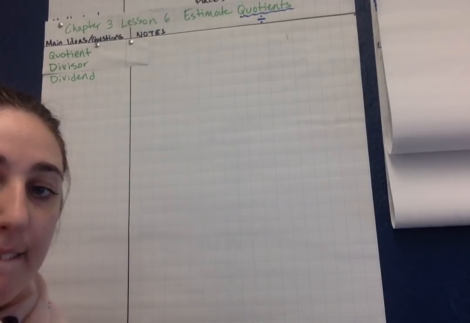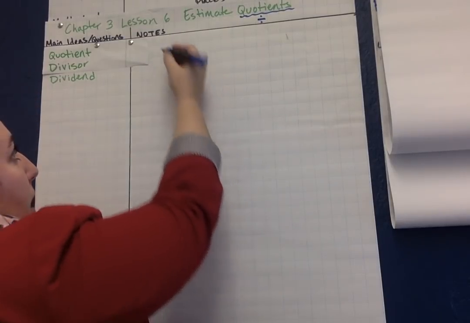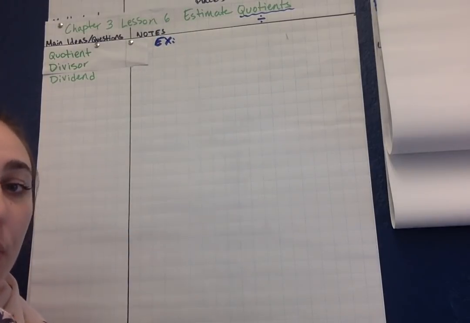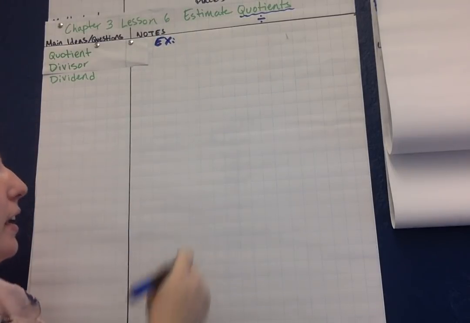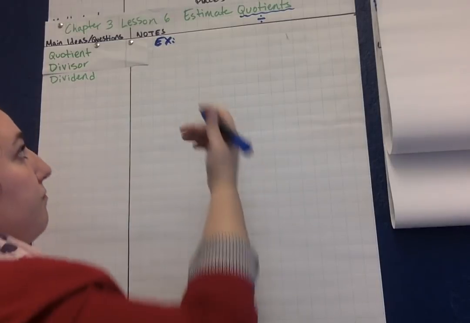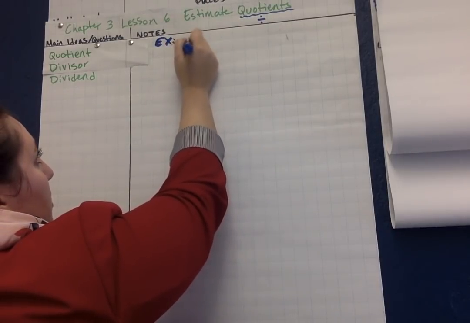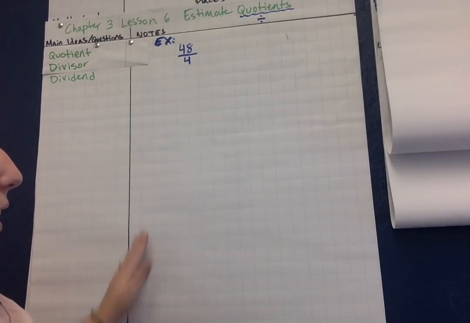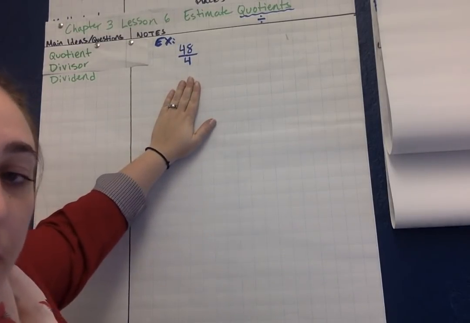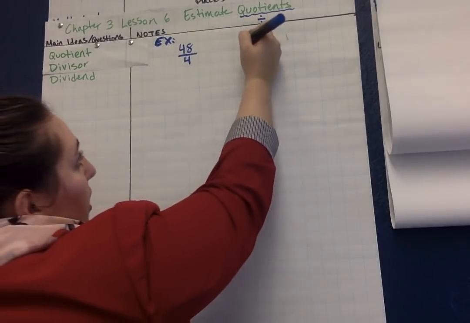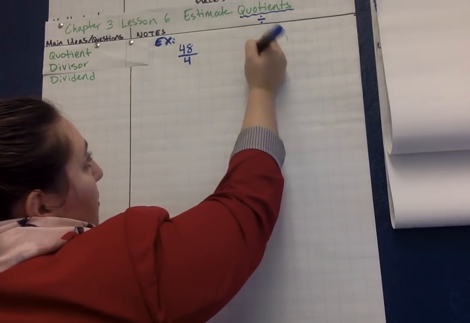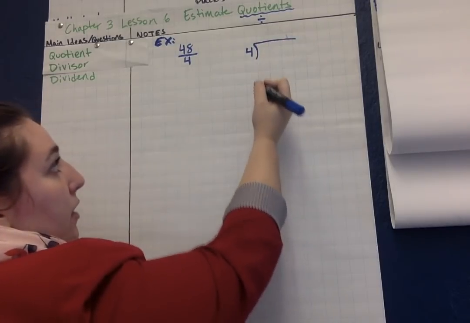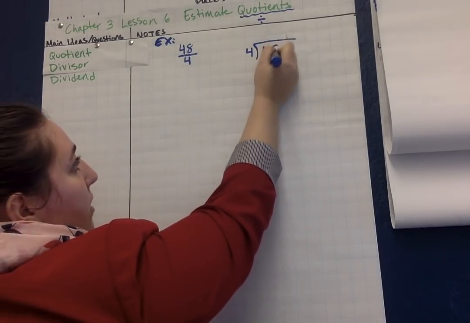So, for example, if we were dividing 48 divided by 4, I'm going to put this in long division format. It's going to look like this. My denominator goes on the outside, and my numerator goes on the inside.